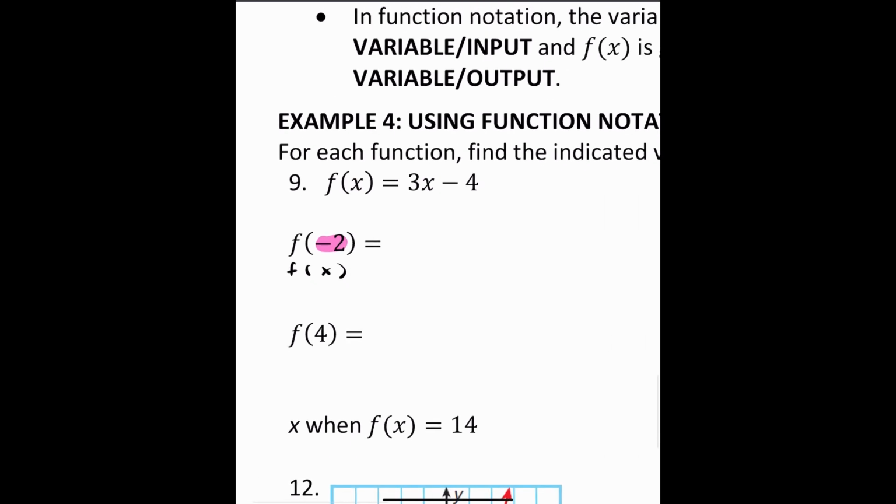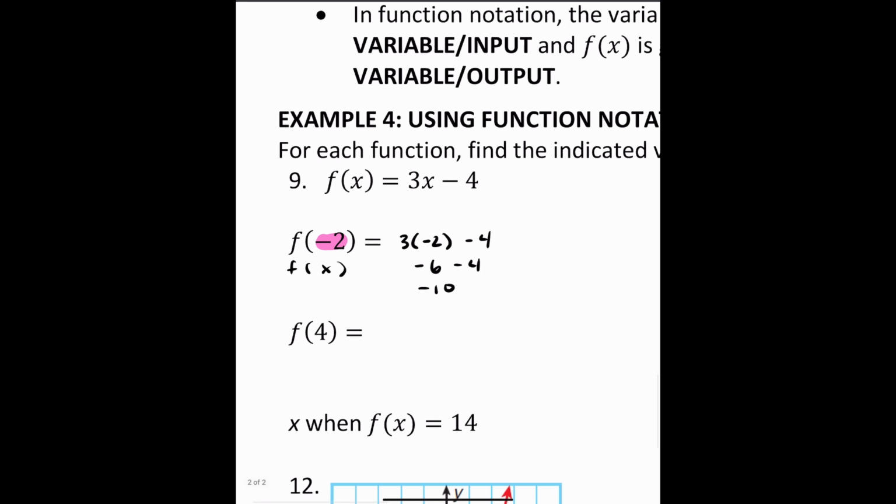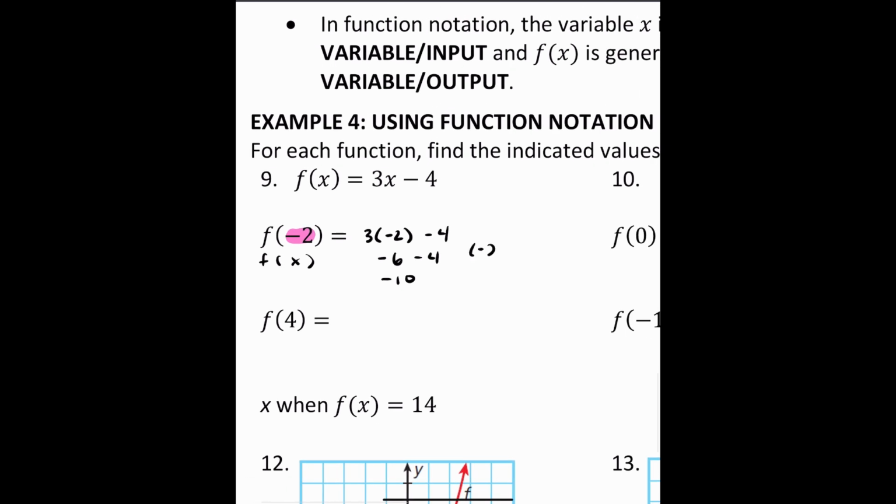So I have f of -2 equals 3 times -2 minus 4. And 3 times -2 is -6, minus 4, it's -10. So that's the output in this case. So again, our input is -2, and then our output is -10, and that is our answer.